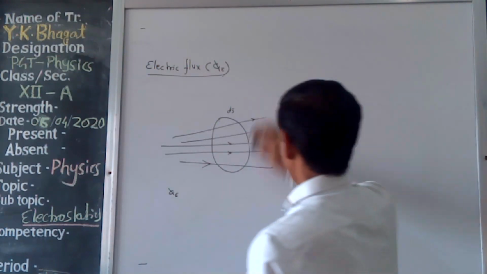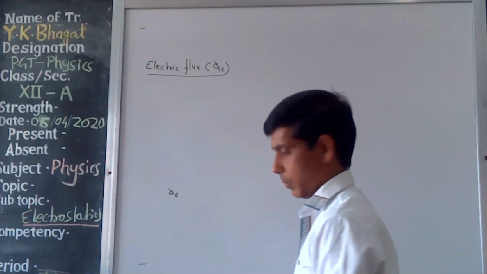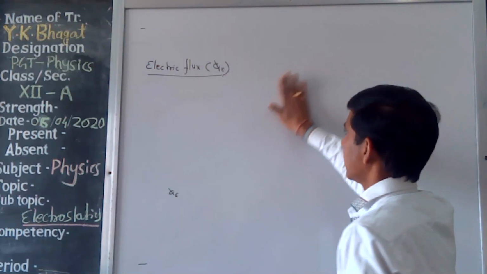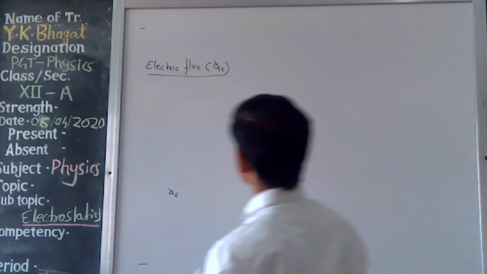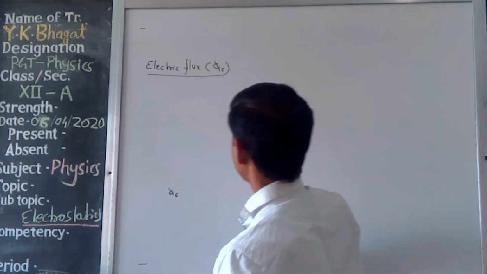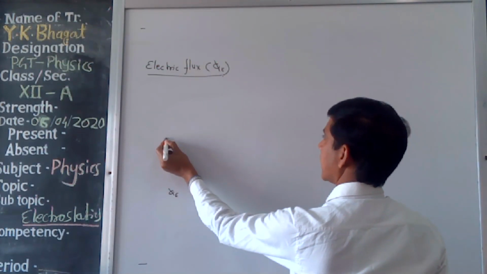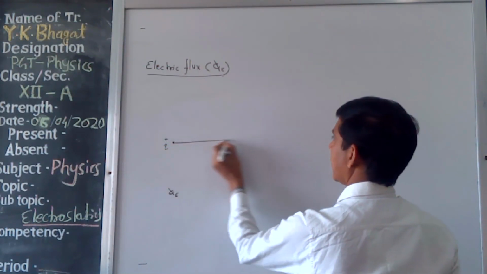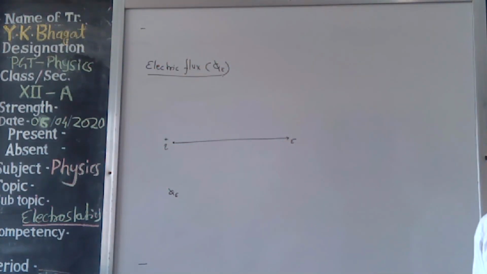Suppose we draw a diagram to understand this electric flux again. We have a point charge plus Q and the direction of intensity is in this direction.